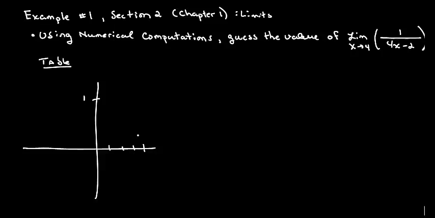This maybe looks something like this. And the question is, as we pick x values that come in from both sides, what is the height value that we appear to be approaching? So this is what we want to know, roughly what's the height as we come in from both sides.